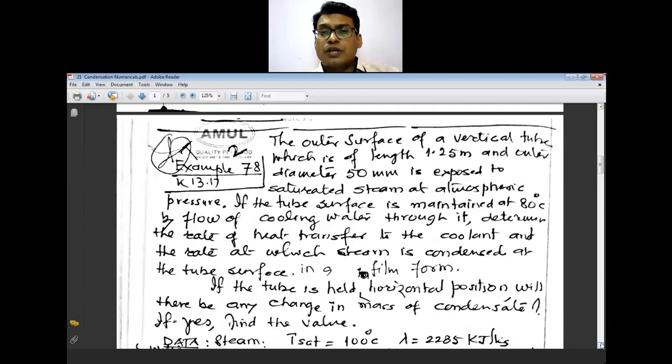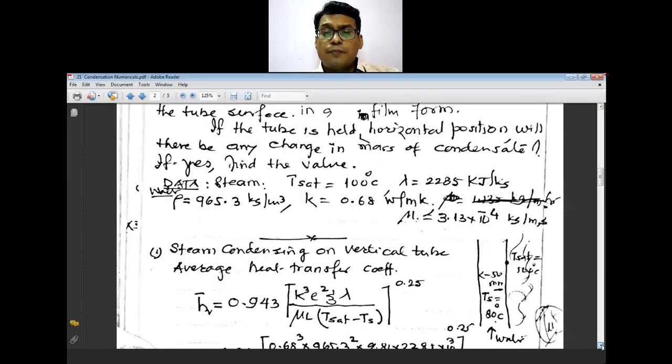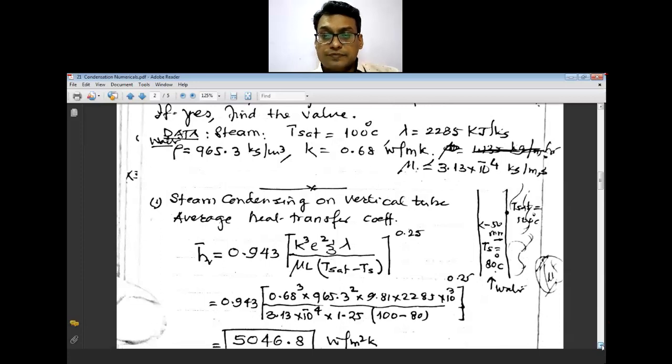So first we have to consider this vertical tube. A slight modification in the formula: for steam condensing on a vertical tube, you have h = 0.943 [K cube rho square g lambda upon mu L (T saturated minus Ts)] raised to the 0.25.